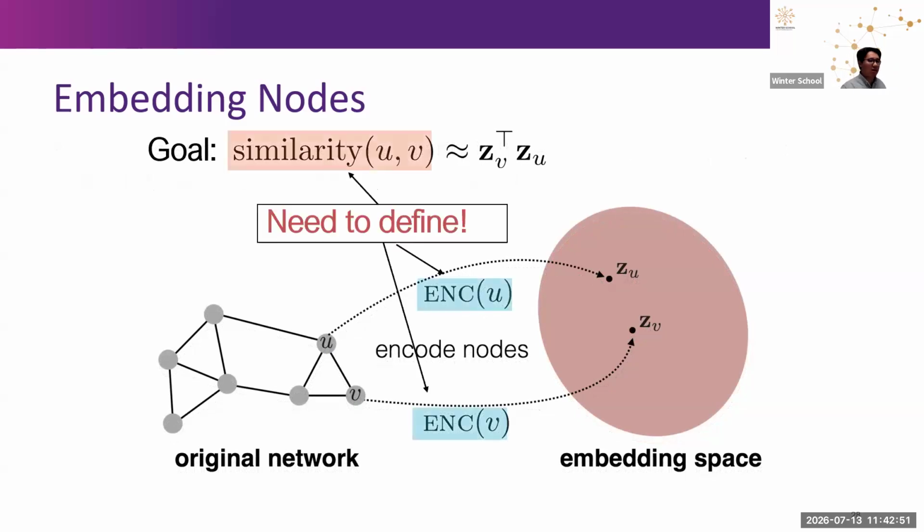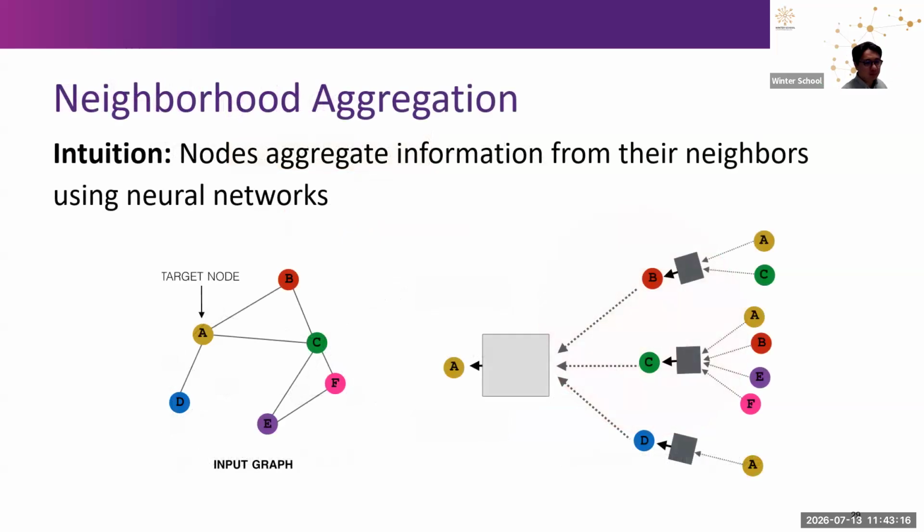The tricky part here is how do we define this encoder and the similarity? Remember we said before, those embeddings are basically just vectors. So you could define such similarity between vectors, right? From high school math, how do you calculate the similarity between two vectors? And the tricky part is how do we define this encoder, which is the graph neural network here.